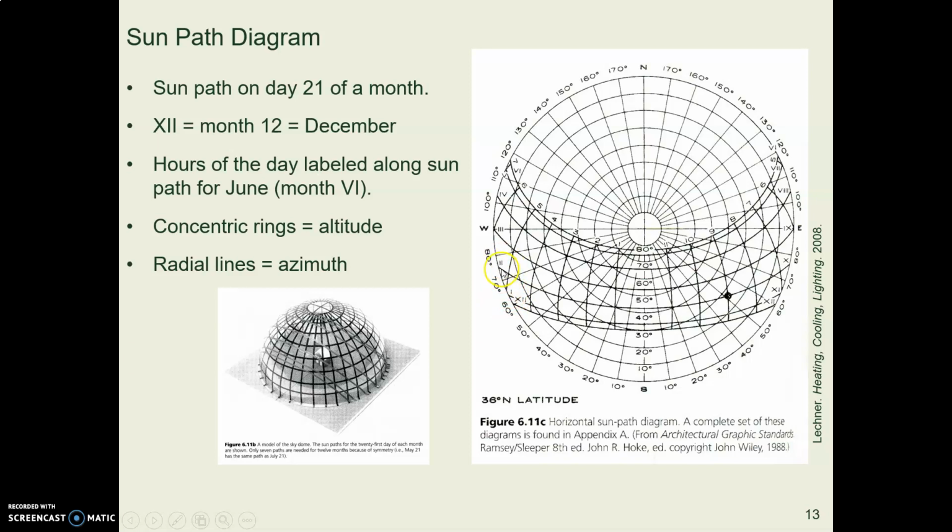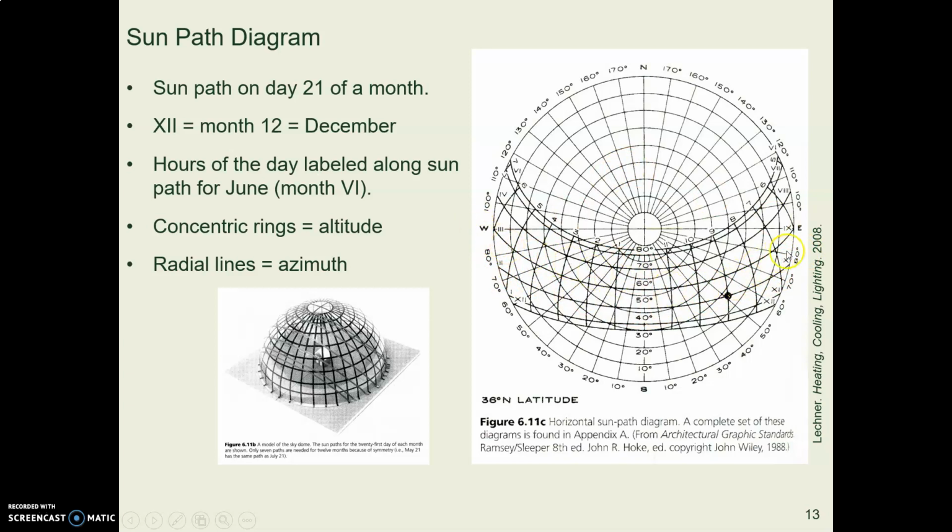Numeral 2 is the second month, that's February. Roman numeral 3 is the third month, that's March, and so forth. I will point out that Lechner and also Charlie Brown at the U of O like to use Roman numerals. Some sun path diagrams use numbers over there. All right, so that's what those back and forth lines are.